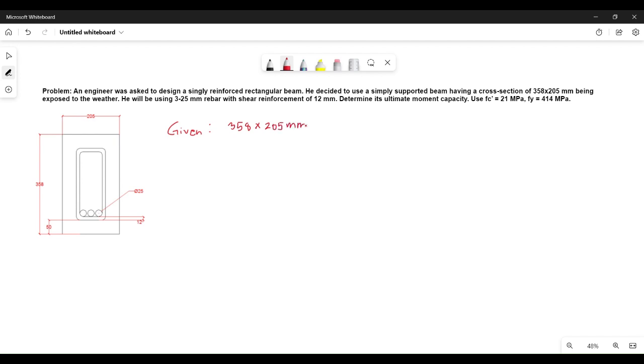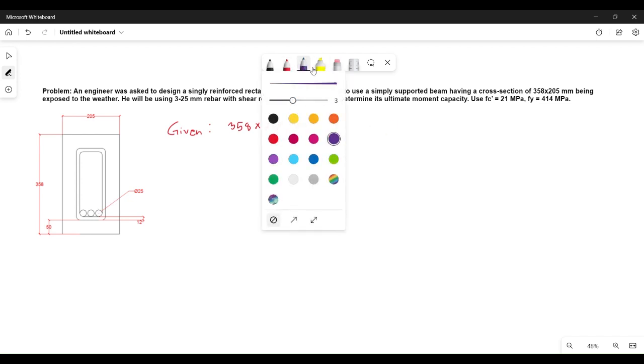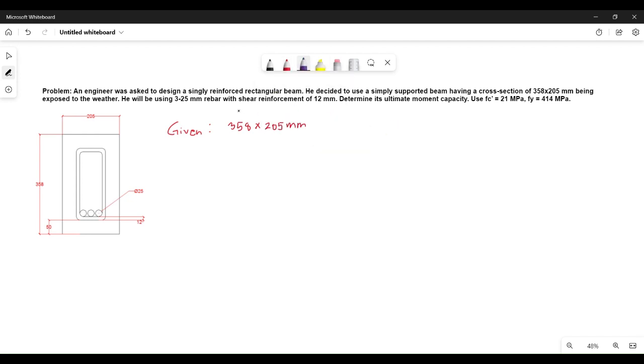When we are talking about the cross-section, this is H and this is base. Height times base, always, for a cross-section. So we have H equal to 358 millimeter, then base equal to 205 millimeter.